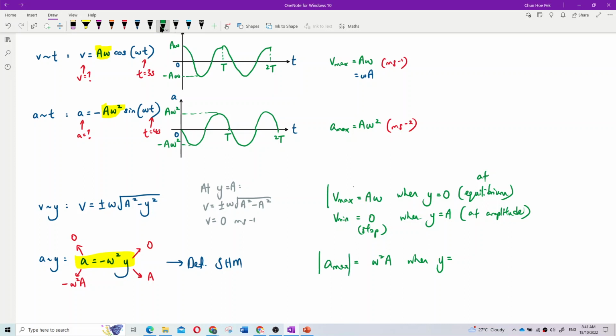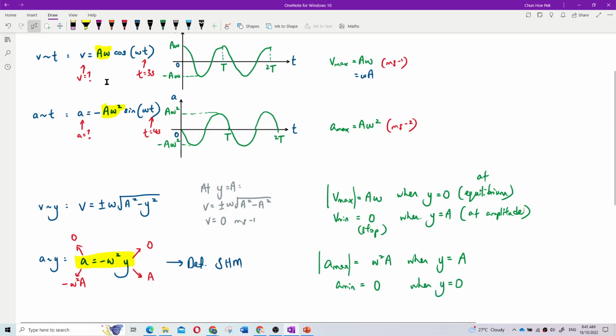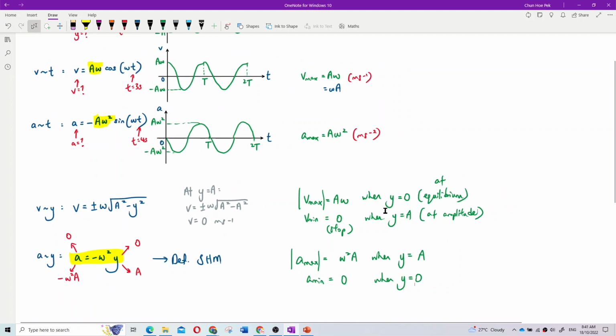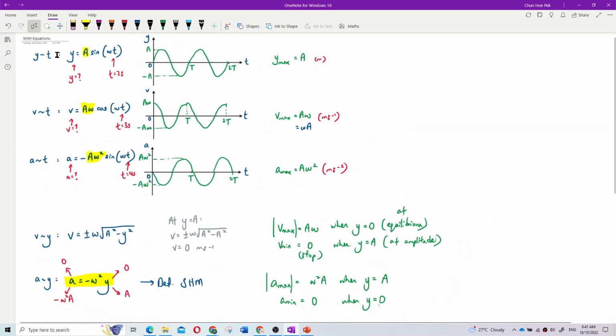This one also just now is the magnitude only. So when y equals amplitude, and then a is minimum, 0, at equilibrium. Understand? So we got all 5 equations already. We will use these later.